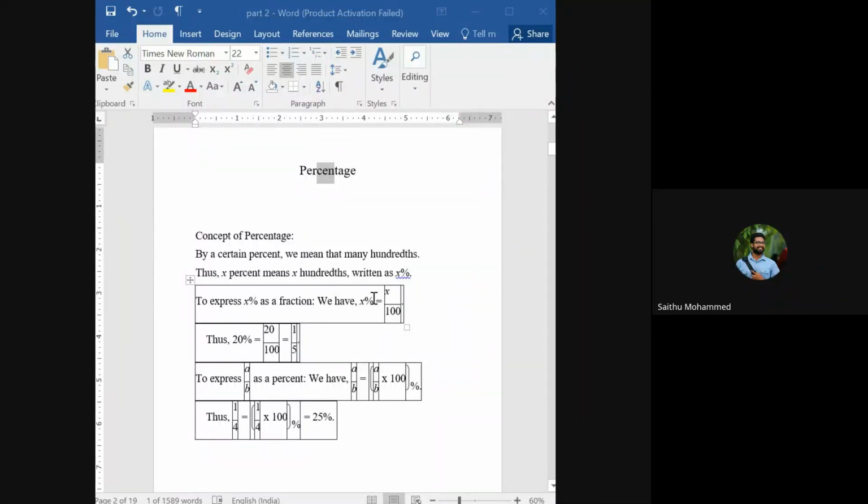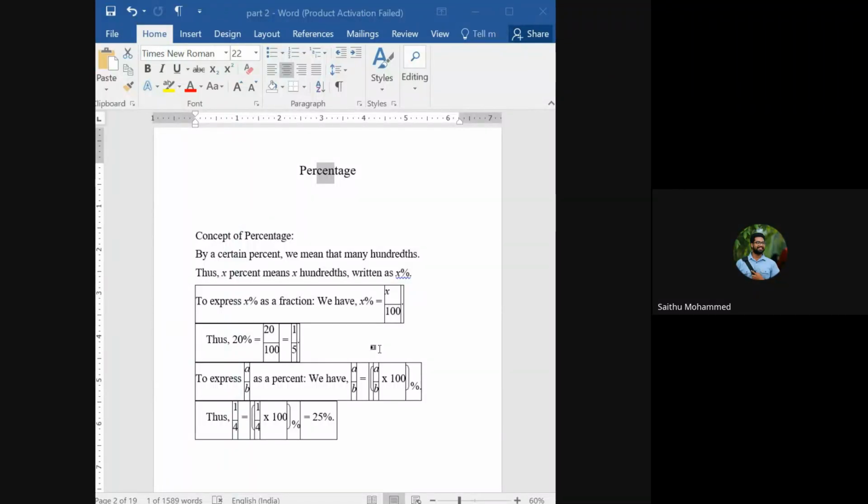When we were talking about 99 percent, if you are talking about 99 items and want to represent that out of 100, we can say 99 items equal 99%, which is 99 by 100. And if you are saying that out of these many items there are only 20%, we can express it as 20 by 100.